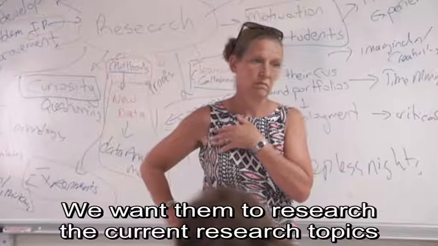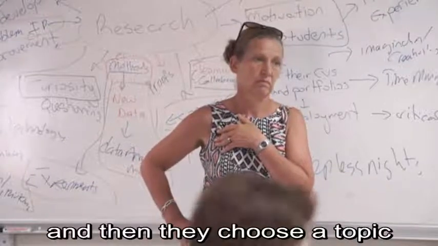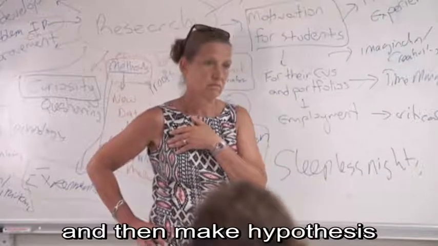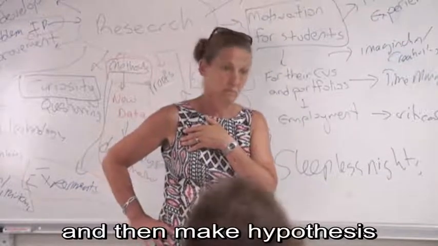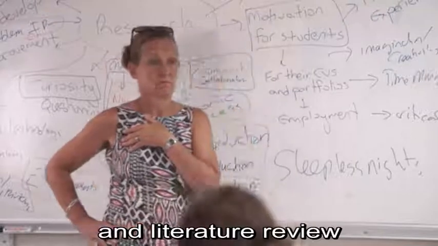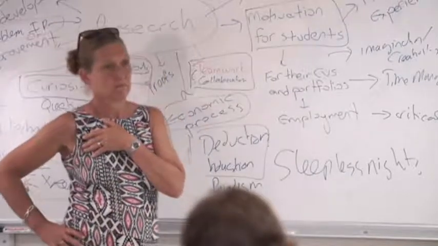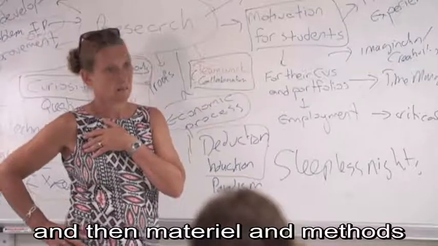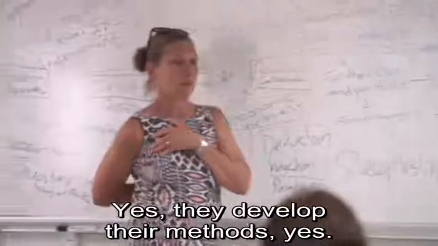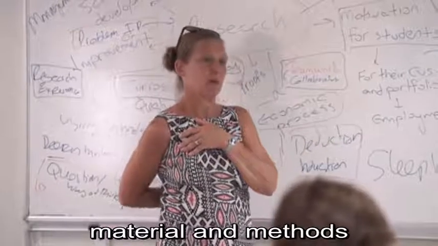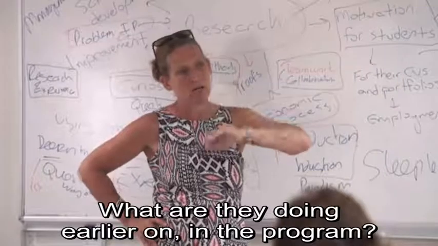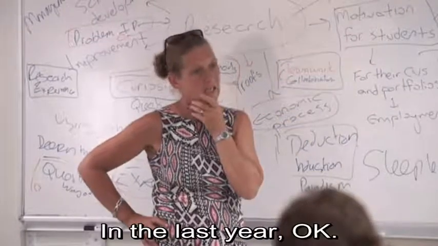We want them to search the current research topics, and then they choose a topic, make a hypothesis and a detailed literature review, and then materials and methods, to develop their methods. Okay, so are they doing all of that in the final year? What are they doing earlier on in the program? In the last year. Okay.